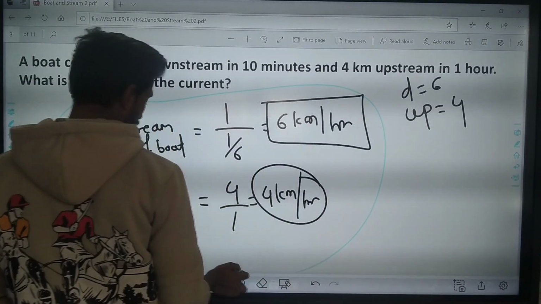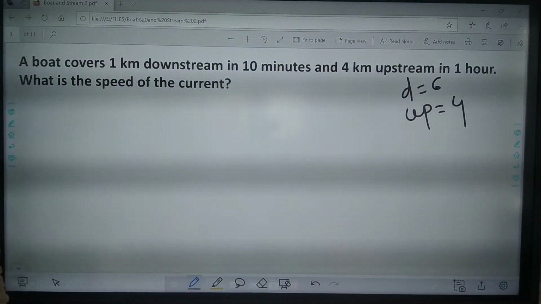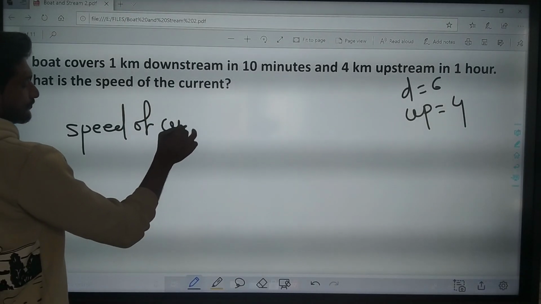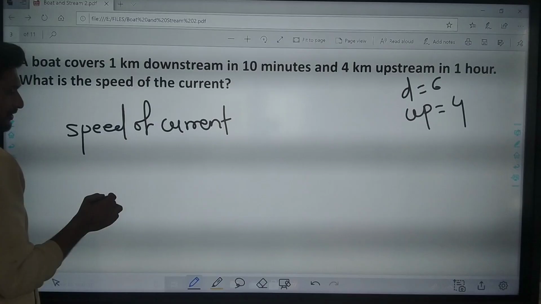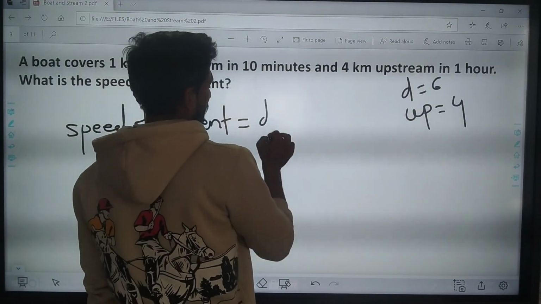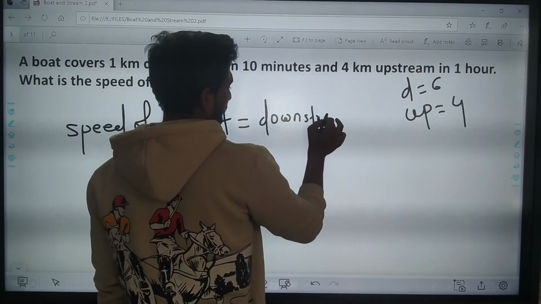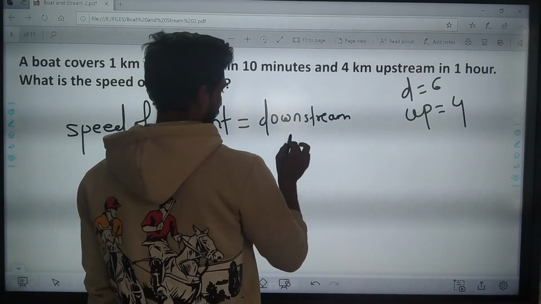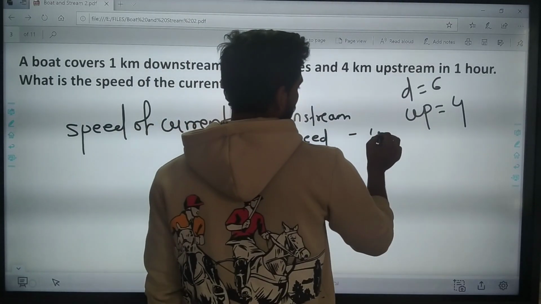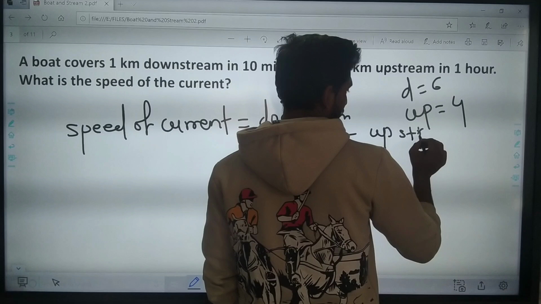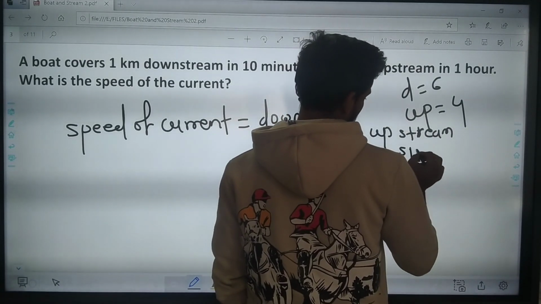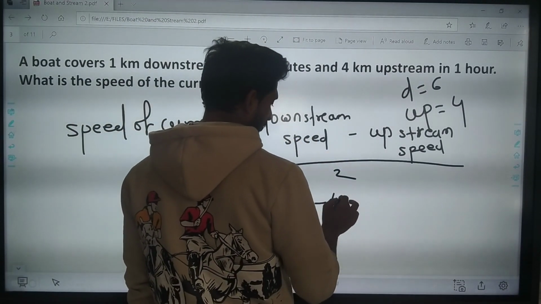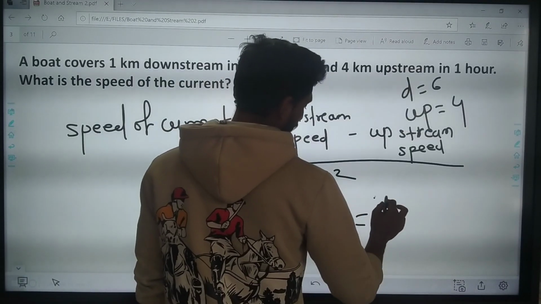Speed of current, or river, is equal to downstream speed minus upstream speed, divided by 2. 6 minus 4 is 2, divided by 2.